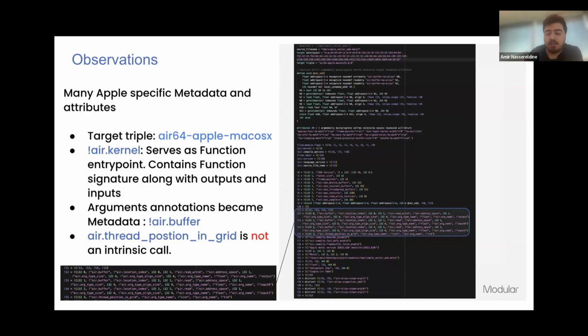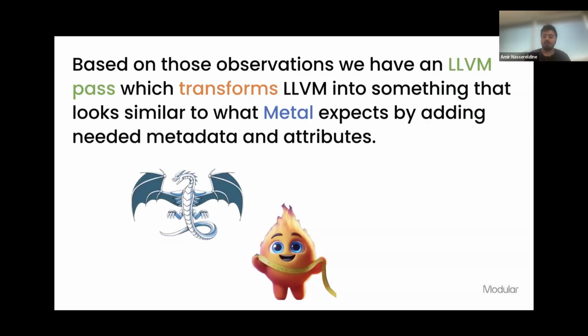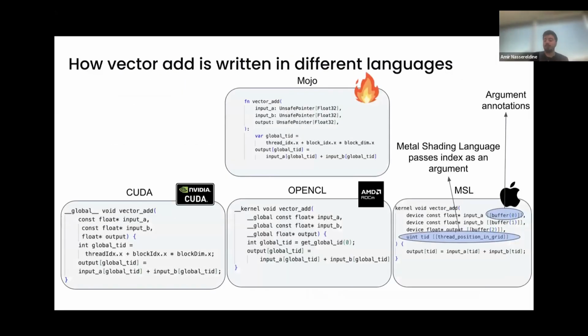So we have to do an LLVM-to-LLVM transformation pass, which takes the LLVM and tailors it into something that Apple would expect. But this doesn't solve the problem, because we still have the issue of the extra argument, where Apple expects the thread index to be part of the arguments, and also we have those buffer annotations. So for buffer annotations, it's simple.